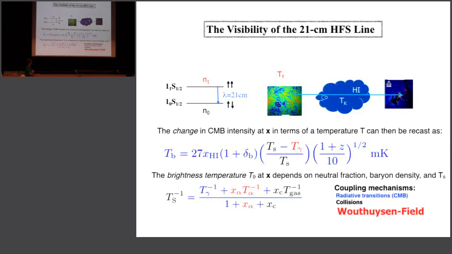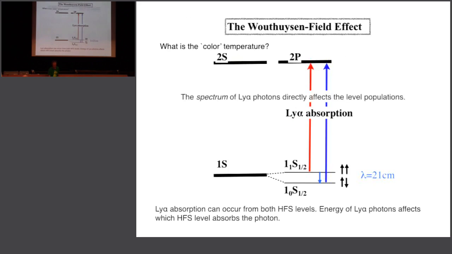That means that the brightness temperature, or the excess brightness temperature of the hydrogen, is positive. So you get additional emission. You see the hydrogen in 21 centimeter emission. On the other hand, if this term is negative, this brightness temperature is negative, so you get absorption with respect to the CMB. So this is the key quantity that determines whether hydrogen is going to be visible in emission or absorption.